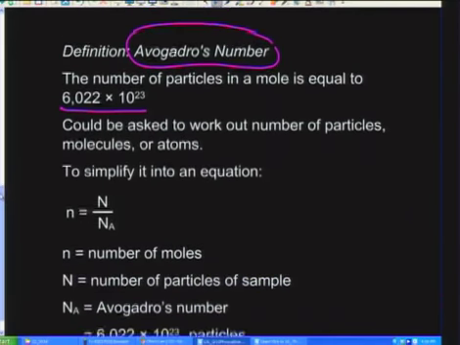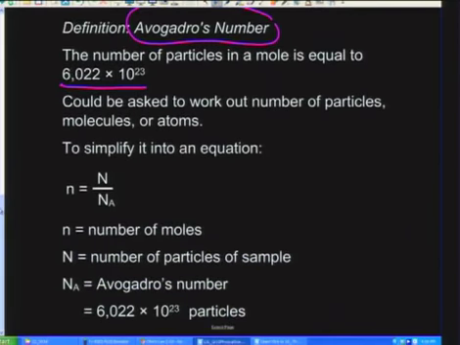So the number of particles in 1 mole is equal to 6.022 times 10 to the 23. And you could be asked to work out the number of particles, molecules, atoms. I could add to this list. I could ask you to work out the number of protons, or the number of electrons in any substance.